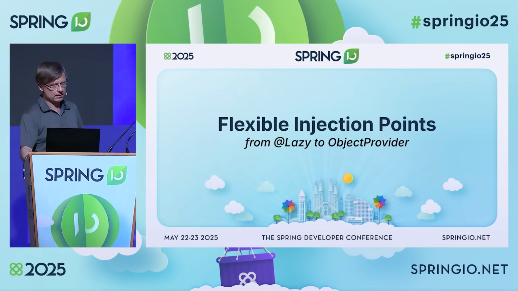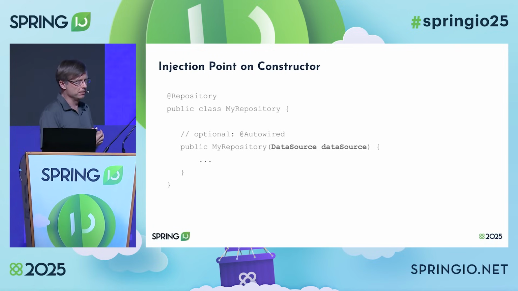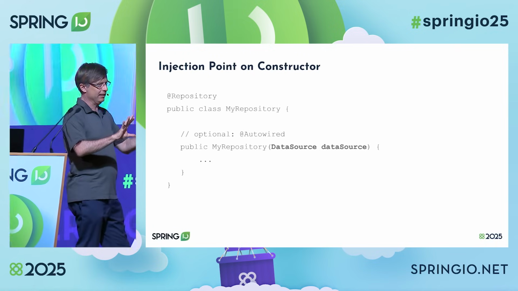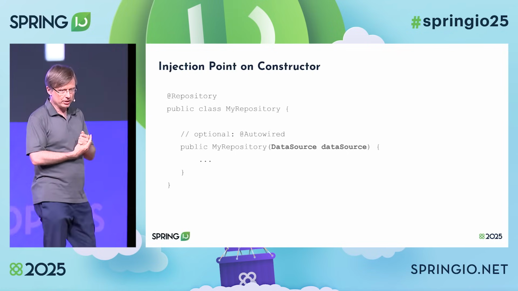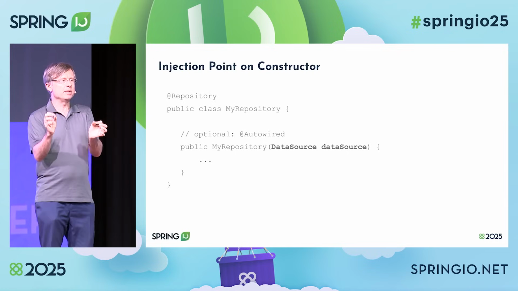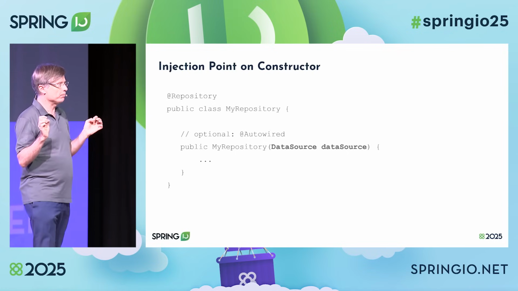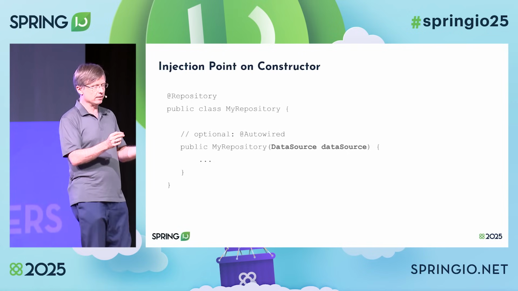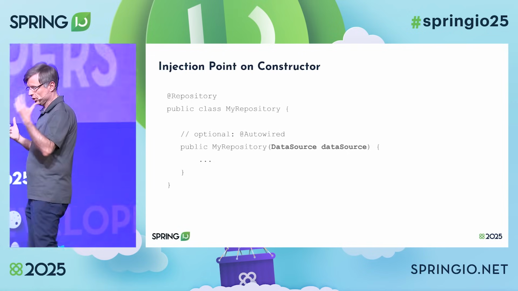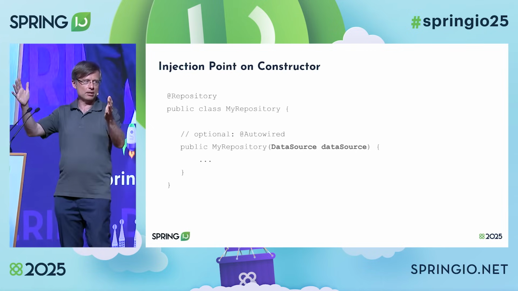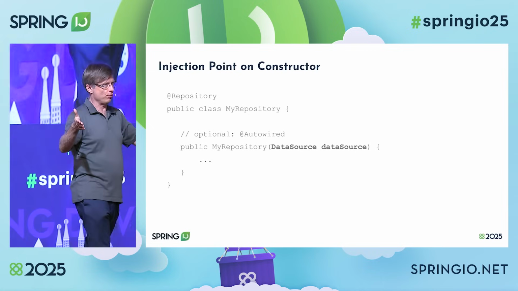So let's start with something very basic, right? What we call an injection point, just to clarify the terminology, is basically an argument that you mean to be provided by the runtime container. For example, in standard dependency injection for constructors, a single constructor argument is a single injection point.